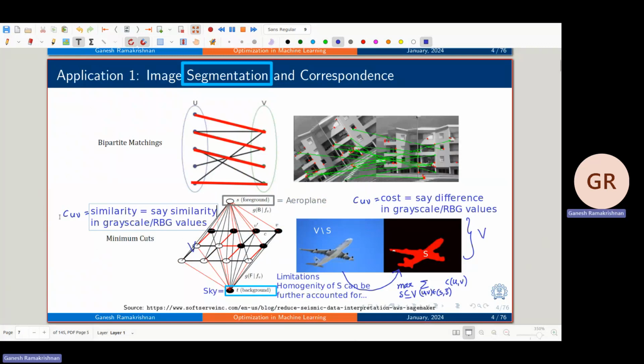So I can just replace C with S. And now let's say I have the same objective, but I'm looking at min. Could I change something else? Yeah, this is fine. So this is actually the min cut.